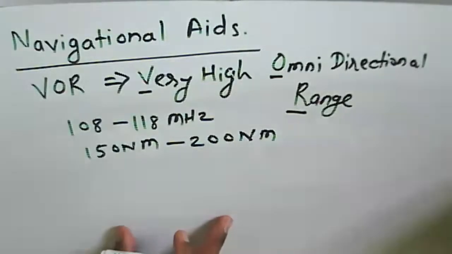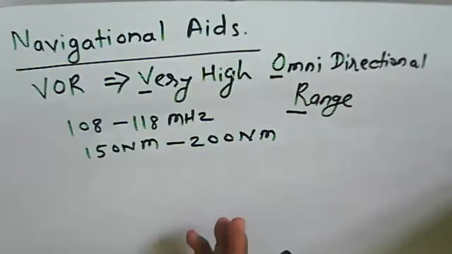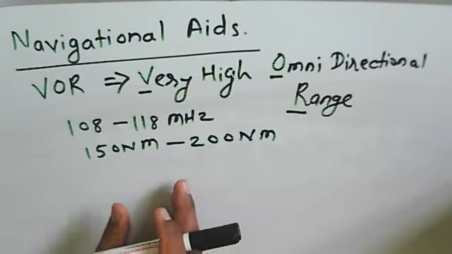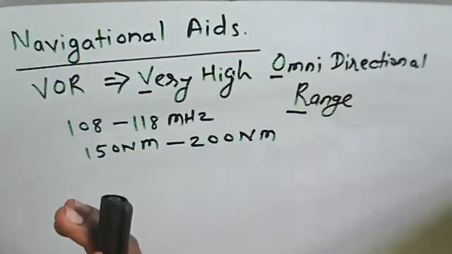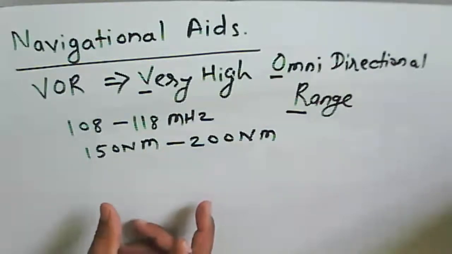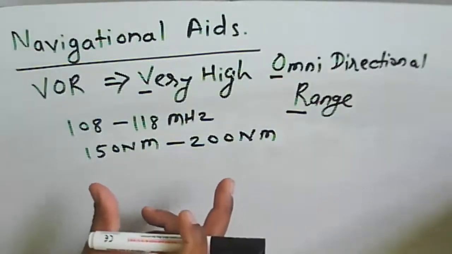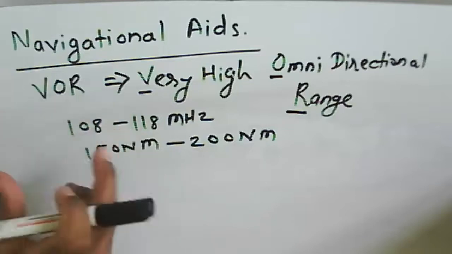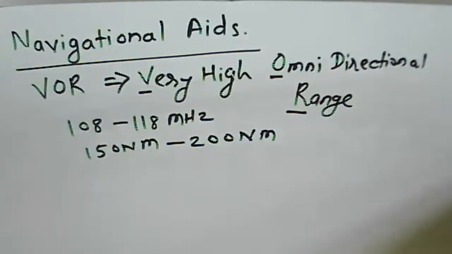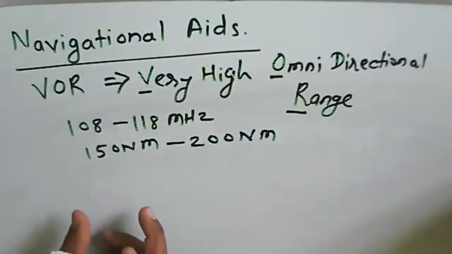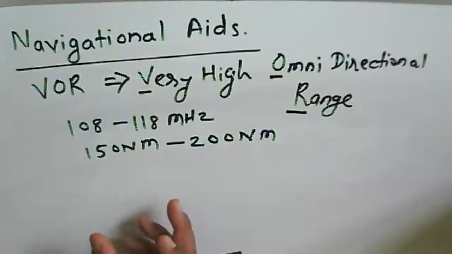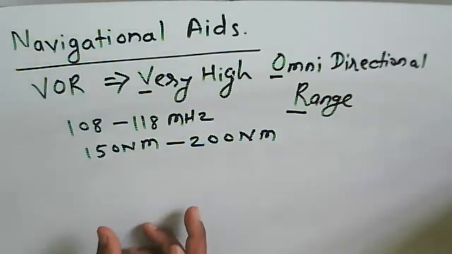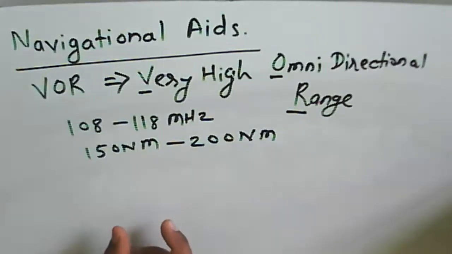One is a fixed signal and another signal is a variable one. So it operates using two signals, and based on the phase comparison of these two signals, that will be useful to provide the tracking information of the aircraft.